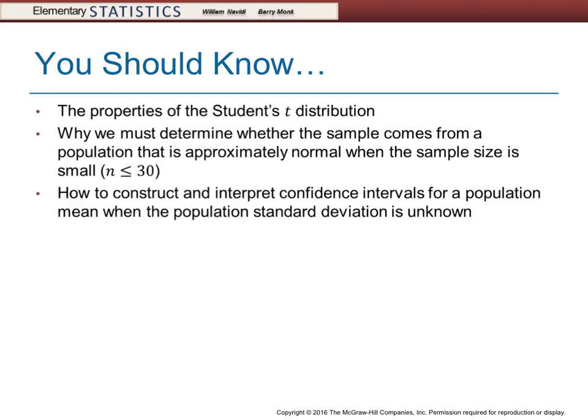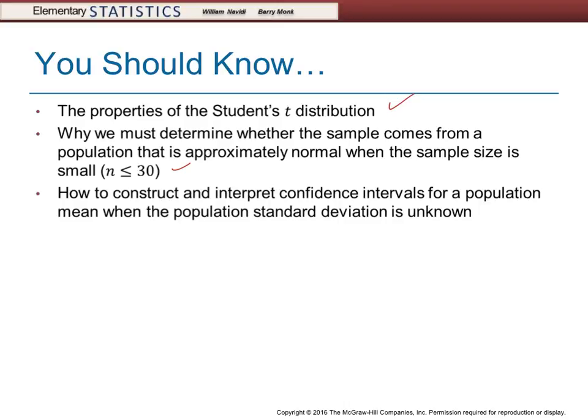So in this section, the properties of the student t-distribution should be known. Why we must determine whether the sample comes from a population that is normal when the sample size is smaller than 30. And then there are ways in which we check for normality.